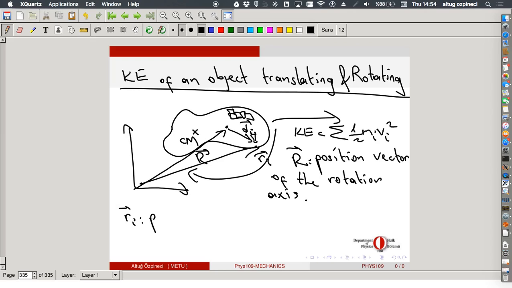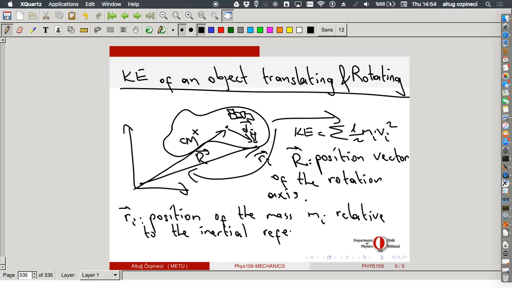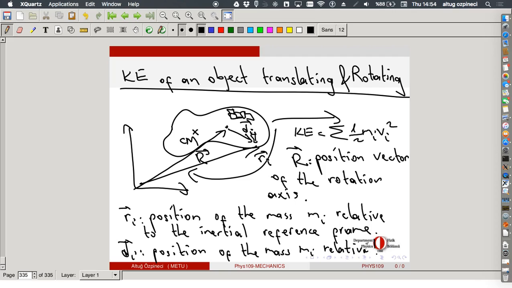Small Ri is the position of the mass mi relative to the inertial reference frame. And di is the position of the mass mi relative to the rotation axis.